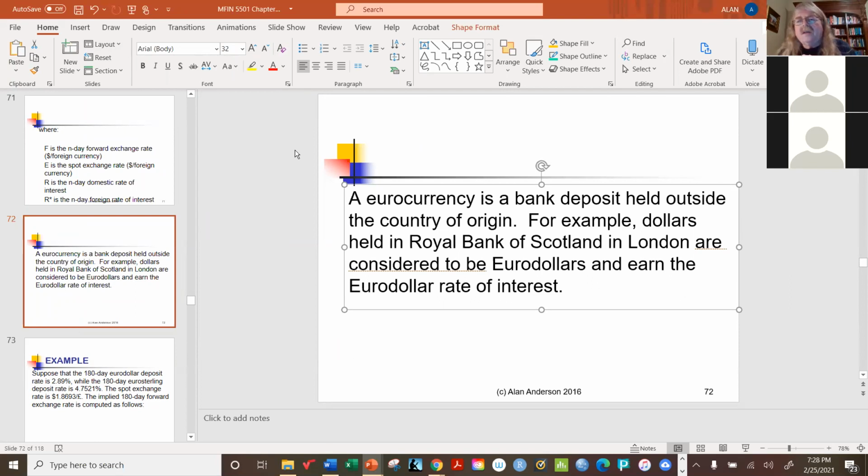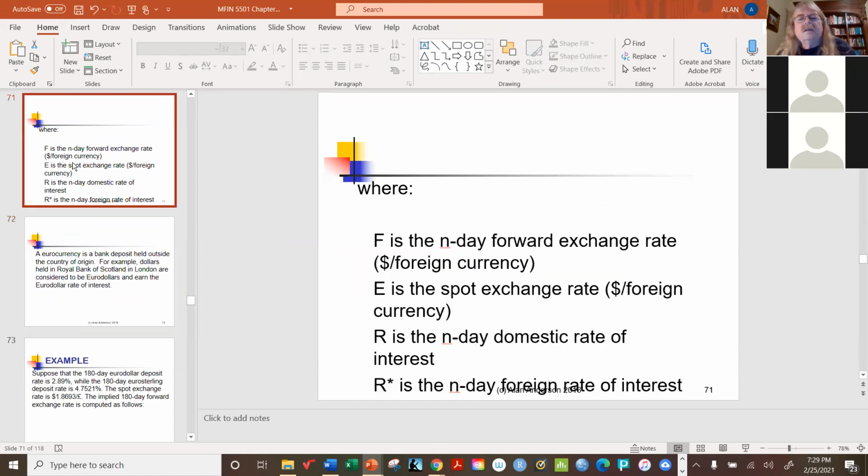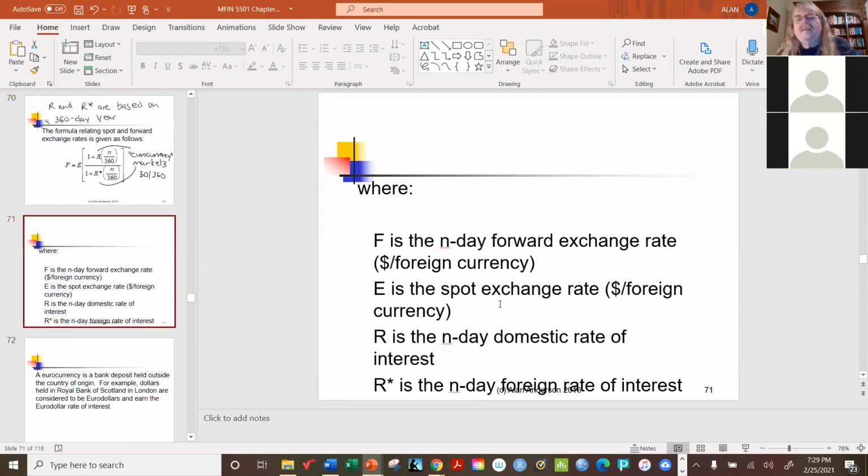So the euro currency markets are enormous. There's euro currencies and there's euro sterling for the pound and there's euro yen and there's everything. So the rates of interest in this interest rate parity condition are in fact euro currency rates. Even if we call it domestic, in our case that means euro dollars.